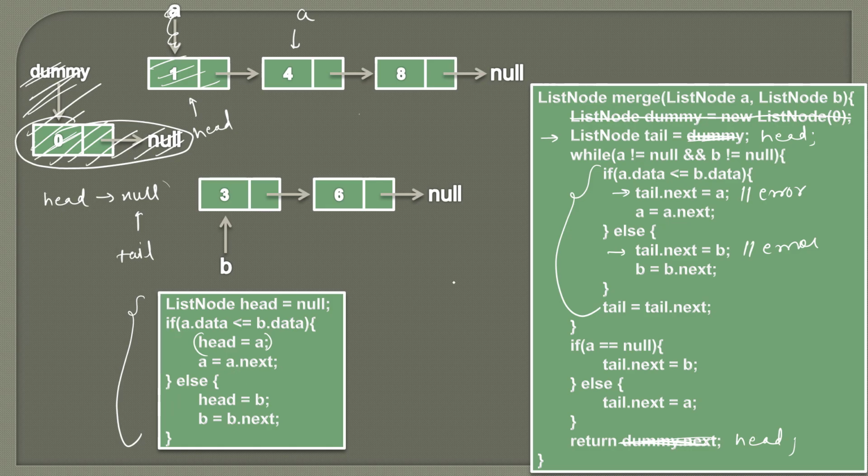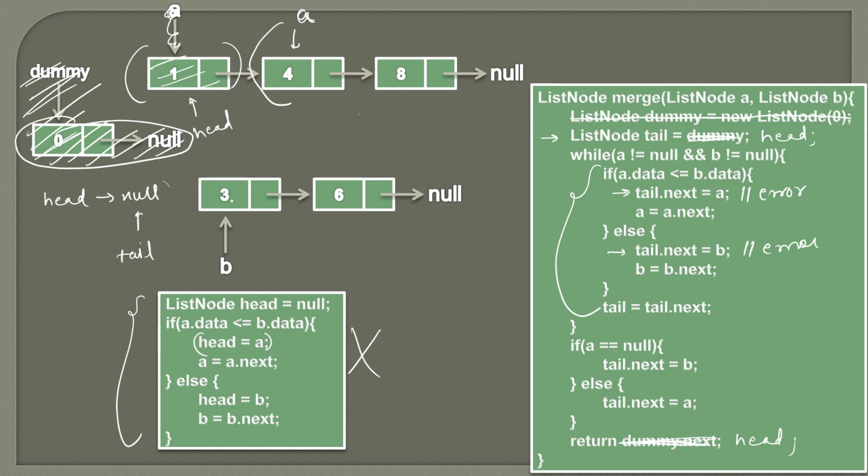So this if and else block has very similar conditions, but for getting one of the concrete nodes, we do this one check outside the while block, and the rest of the code is pretty much the same. This a not equal to null and b not equal to null, a will start from this node. When we had created the dummy list node, we didn't have to write this code, and all the logic would have been compared in this while block.